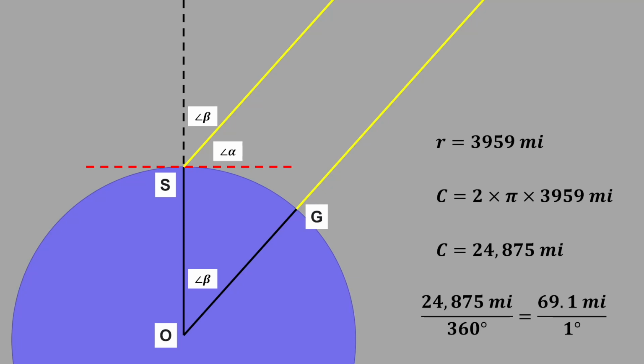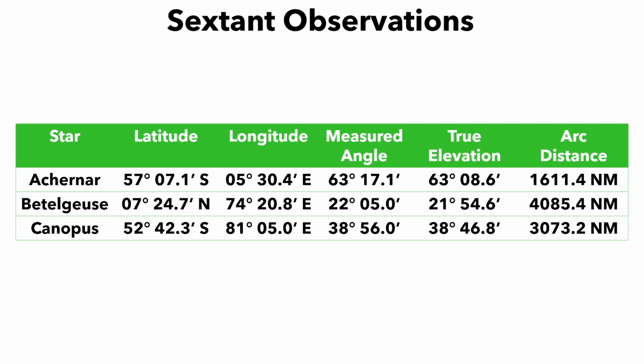And this linear relationship between the angle and the distance from the GP is derived from the Earth being a globe and only if the stars are very far away. So one of the big challenges for my opponent is to show the geometry for his model that justifies this 69 miles per degree.